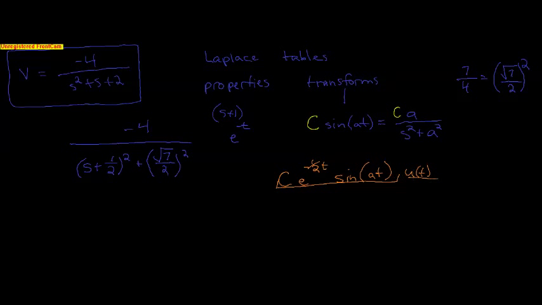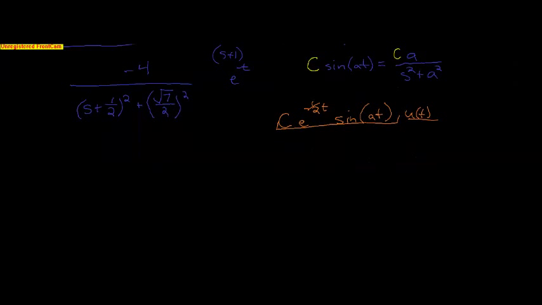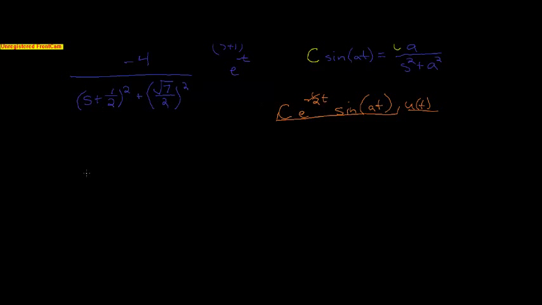Don't forget this, because you will get marked off. So let's see if we can make that happen. Scroll down just a little bit. So this would basically be e to the negative 1/2 t, we know that's correct, times sine of a t.